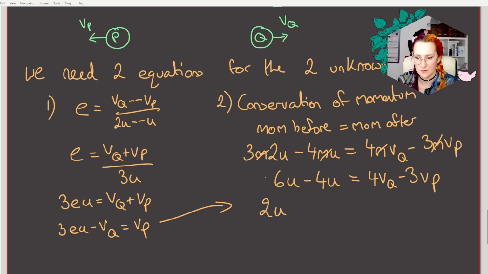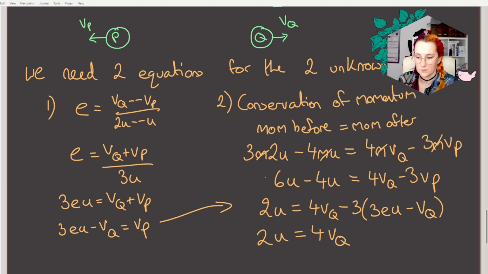So I get 2u is 4vq minus 3 lots of 3eu minus vq. That gives me 2u is 4vq minus 9eu plus 3vq.